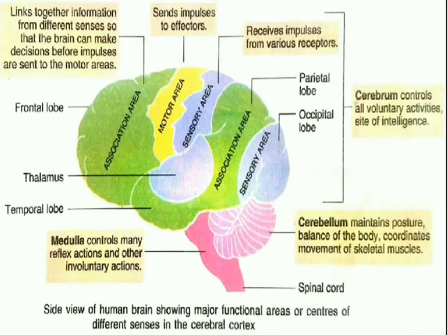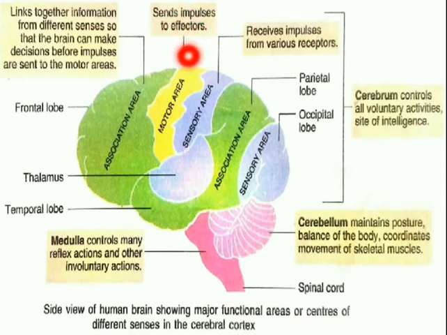The sensory area receives the impulses from the various receptors. This picture depicts the function of the cerebrum, where the sensory area receives impulses from the receptors and ultimately sends impulses to effectors.